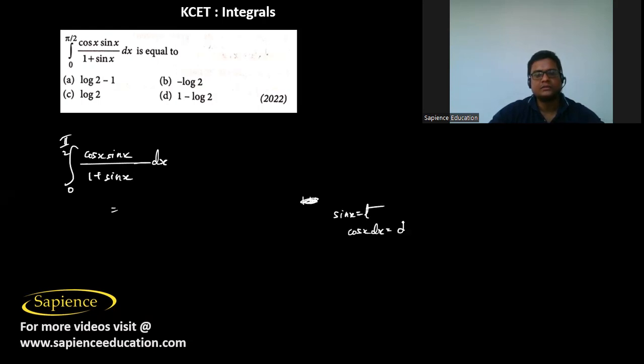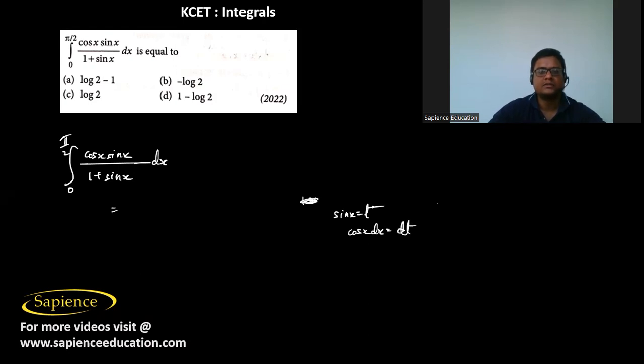So here in this question, it is told to find the integral from 0 to pi by 2 of cos x sin x by 1 plus sin x dx. That is equal to how much? So cos x sin x, if you take sin x as t, then cos x dx will be equal to dt.